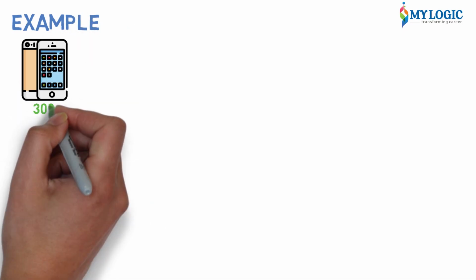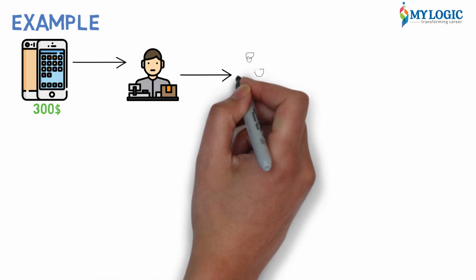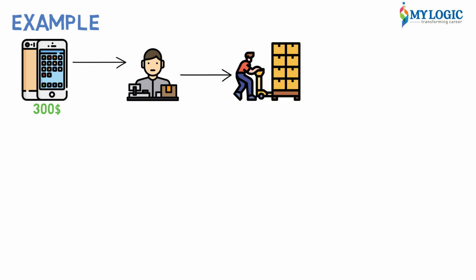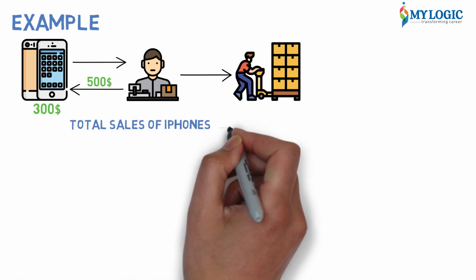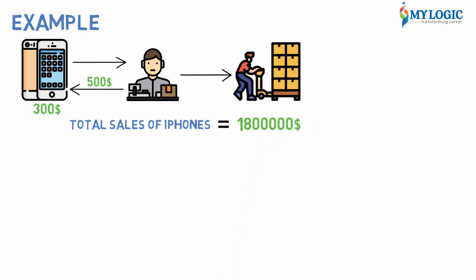Let's look at an example. One iPhone costs $300 for a retailer to buy from a wholesaler. Retailers sell at $500. From the above steps, we can calculate. Total sales of iPhones are $1.8 million.